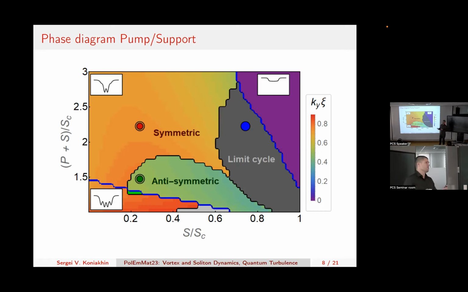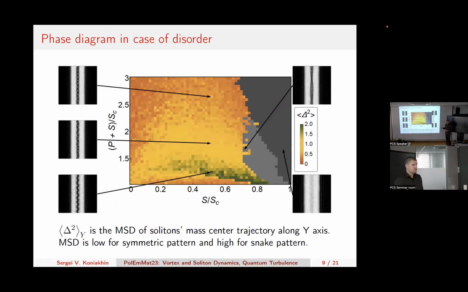And also there exist parameters where the solitons oscillate, like the parts of an accordion, like this. So this configuration is varying in time. It is not stable, and the same can be obtained by applying direct disorder to the system. So here we have the disorder in the potential. It more or less corresponds to the disorder in the potential energy of polaritons in the microcavity.